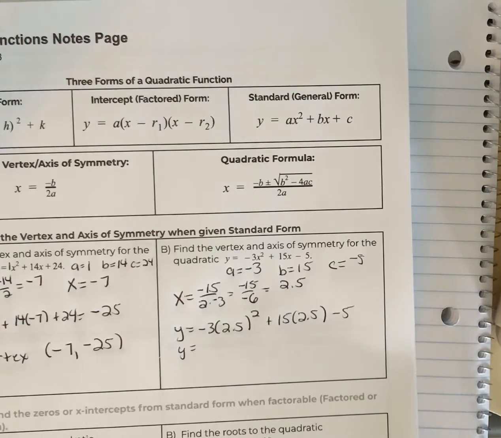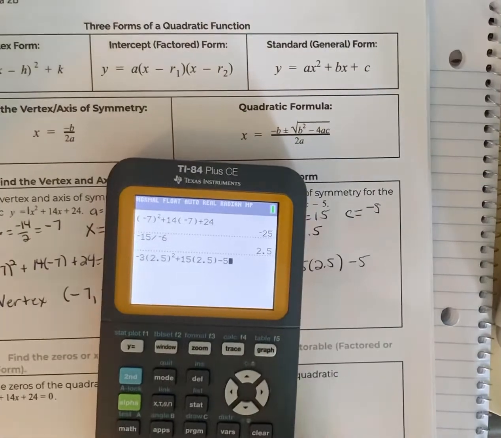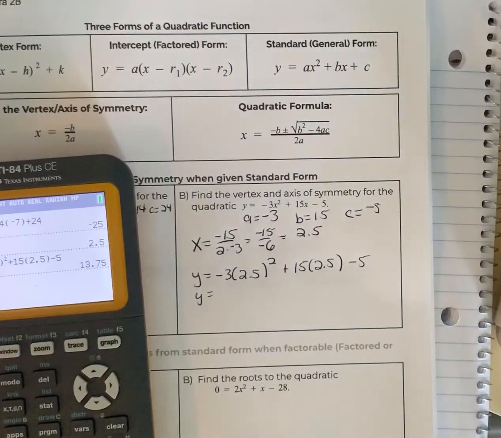I'm using technology to plug that in. I just type that in, and I got 13.75.